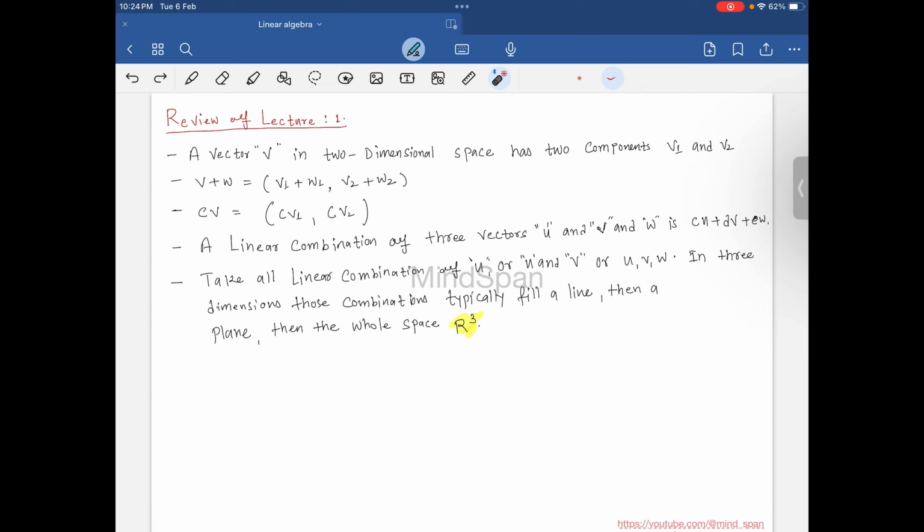And if we have two vectors, then they are going to fill the plane, and if we have all three vectors in different directions, and we take the linear combination of those three vectors, then their linear combination is going to fill the whole space, that is R3. Now here you see that this notation may be new to you. Let me just tell more about this.